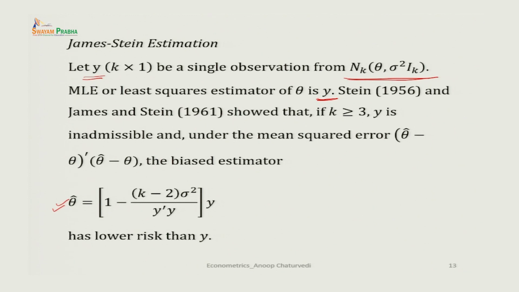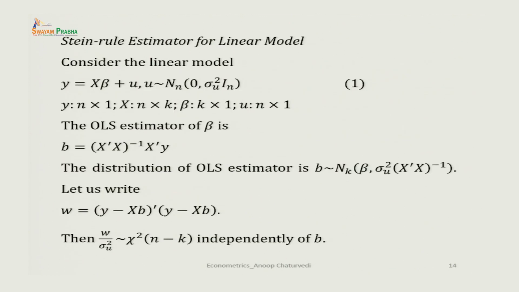Using this approach, we can develop an improved biased estimator for estimating the regression coefficient vector of a multiple linear regression model also. So, now we consider the Stein rule estimator for the linear model.